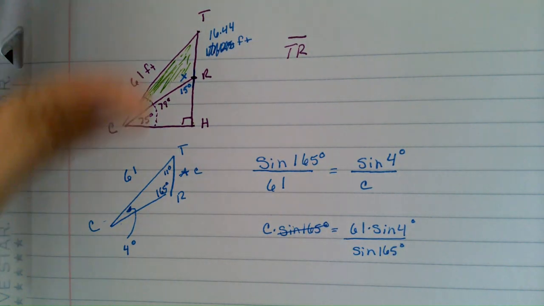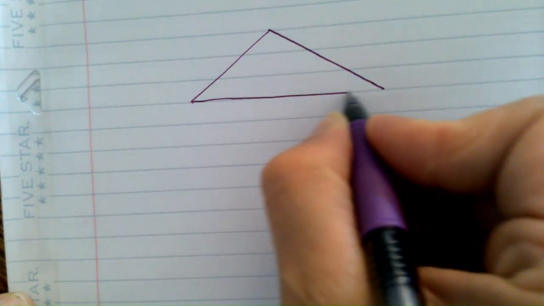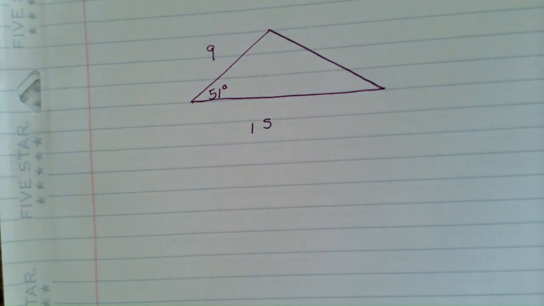All right, so what if I want to find the area of a triangle? Okay, and it's not a right triangle. It's kind of a big key thing. Find the area.